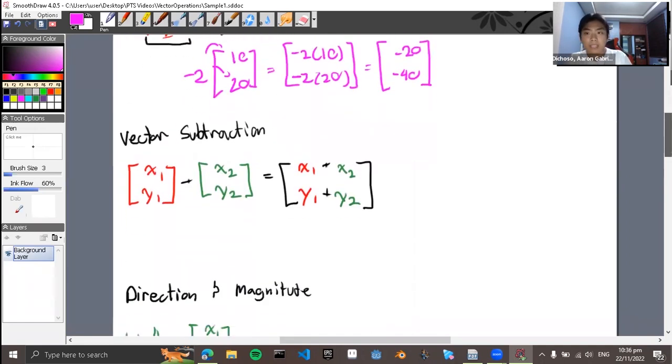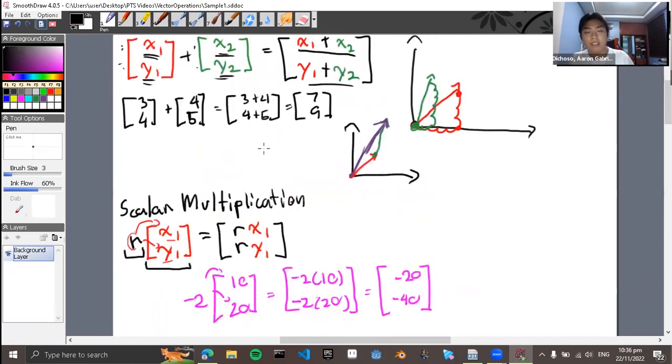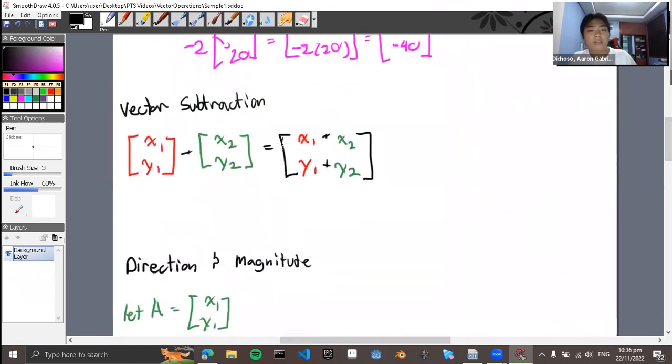Next, vector subtraction. Vector subtraction is similar to what we did in vector addition, wherein for each of the corresponding elements, you just apply the normal subtraction operation to them, right? Visually, its presentation is a bit different. So there are two ways of representing vector subtraction visually.